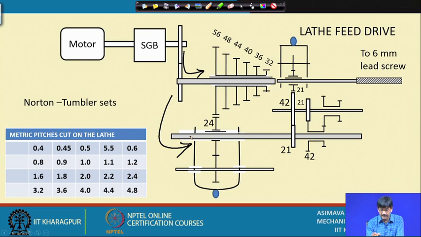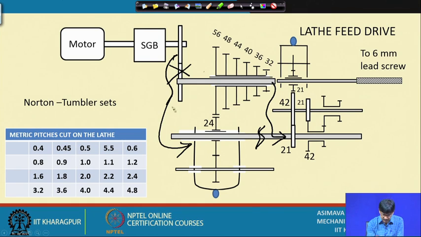This connection is removed at that time. We give the power here and move in the opposite direction. Now, from here to here we will be moving, and this one will be disengaged at that time, and the power will be ultimately coming from here to this one.